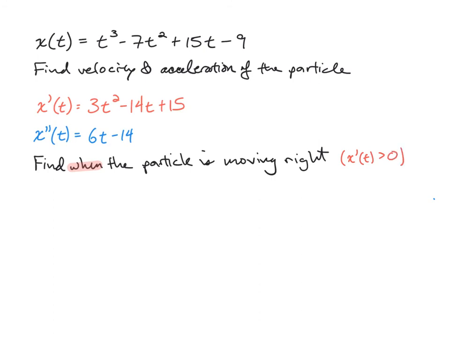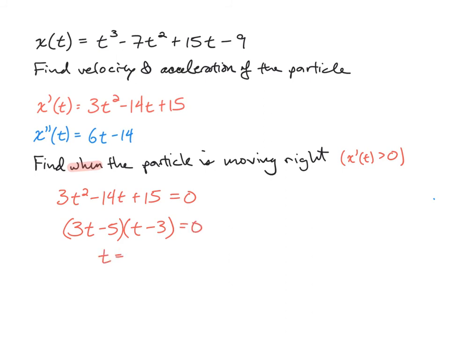So in order to do that, all we have to do is set the first derivative equal to 0, then solve for t. This factors into 3t minus 5 and t minus 3. Cool. So we know that t will equal 5/3 and 3. And these are the critical values.